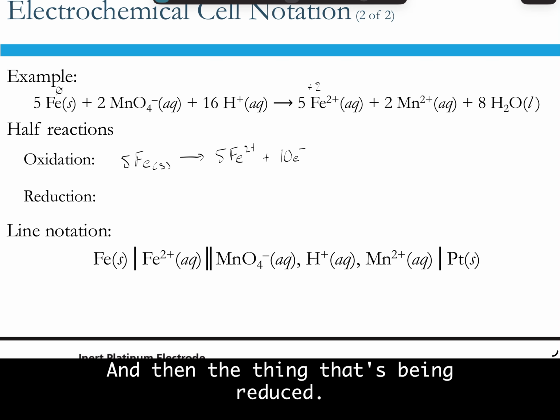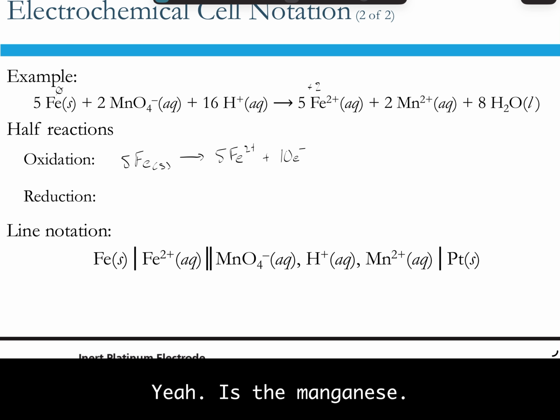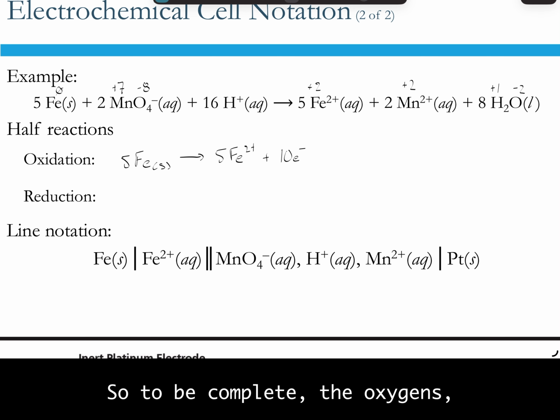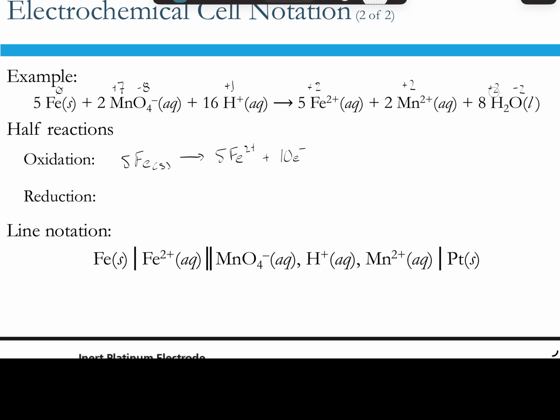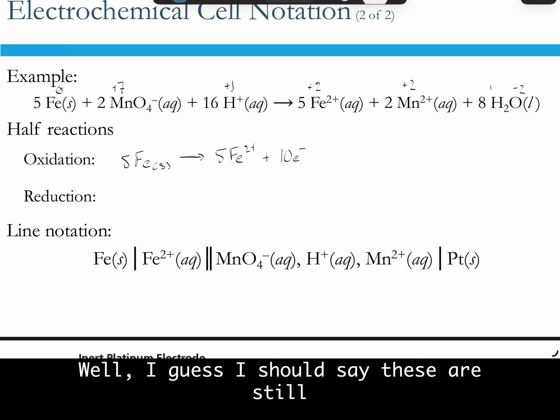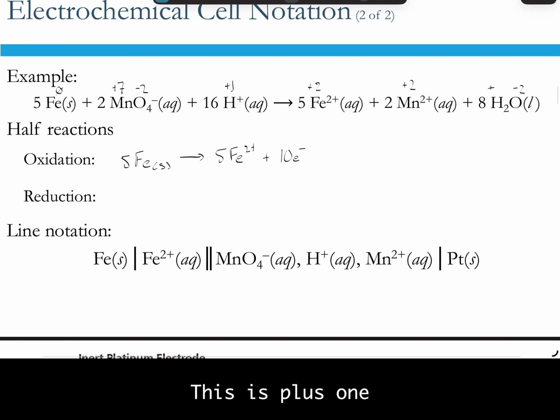And then the thing that's being reduced is the manganese. This is plus 7. This is plus 2. Just to be complete, the oxygens are still minus 2, and this is plus 1 for each hydrogen.